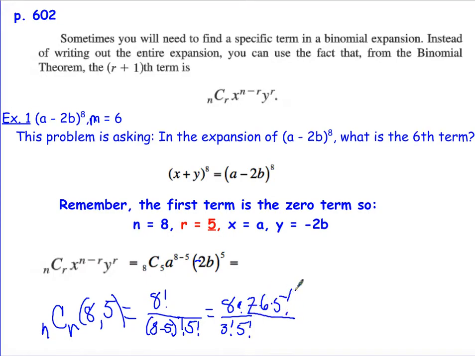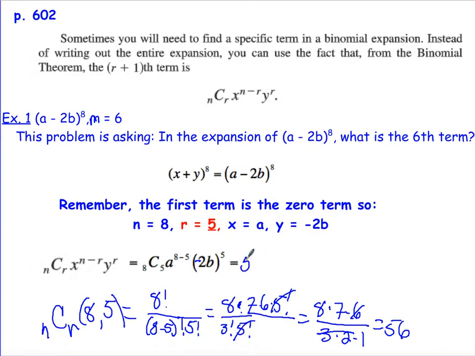And what happens is this one cancels this. 3 factorial is actually 3 times 2 times 1. And when you have that, 3 times 2 is equal to 6. So these cancel this, so this is just 56. Or again, you could just do this little piece on your calculator. This one was simple enough I didn't need a calculator, but some of these that I'm going to show you get a little bit larger, so it's perfectly fine to use your calculator.